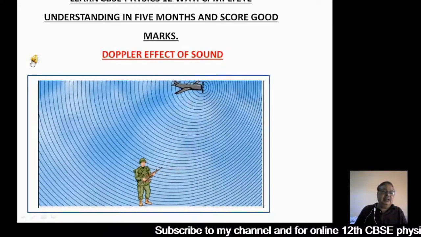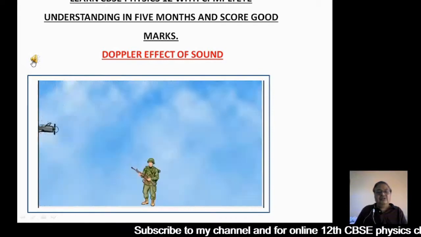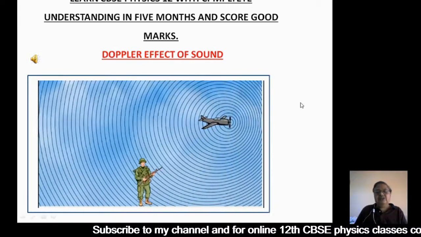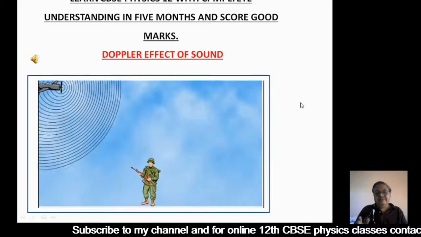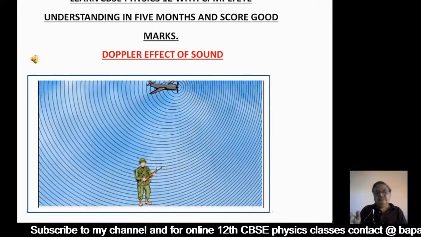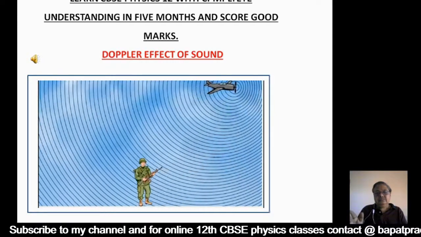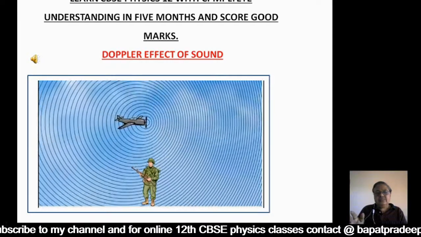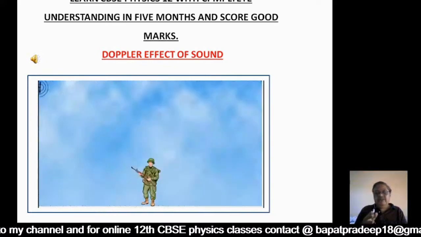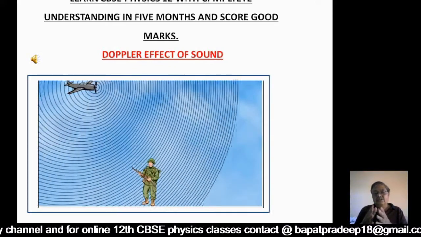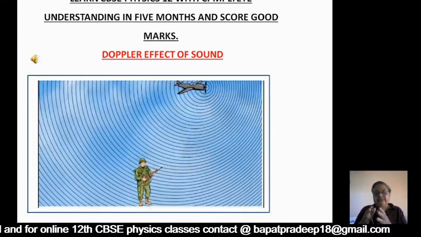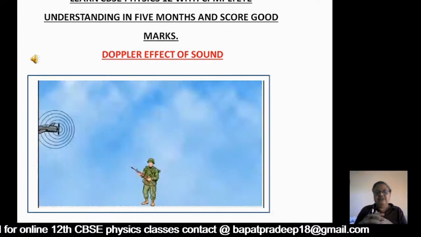Now here you can see there is an aeroplane that is moving relative to the soldier. When the aeroplane moves from towards the observer to away from him, there is a change in the pattern of the sound.